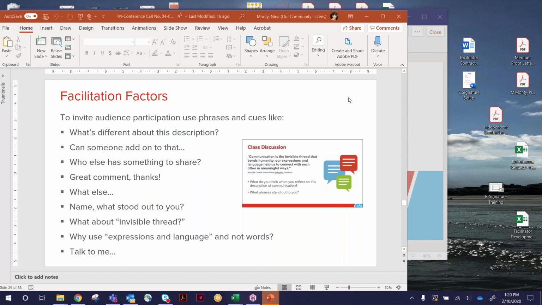Yep, thank you. These class discussions are important, especially in this module. And here are some phrases that you can just have in your hip pocket. As you facilitate more and more, these questions will be available to you. They're like opening up your toolbox and knowing whether to pick up the screwdriver or the pliers.